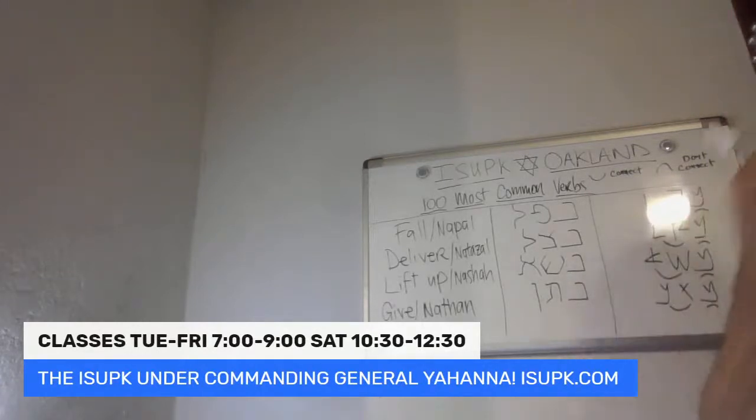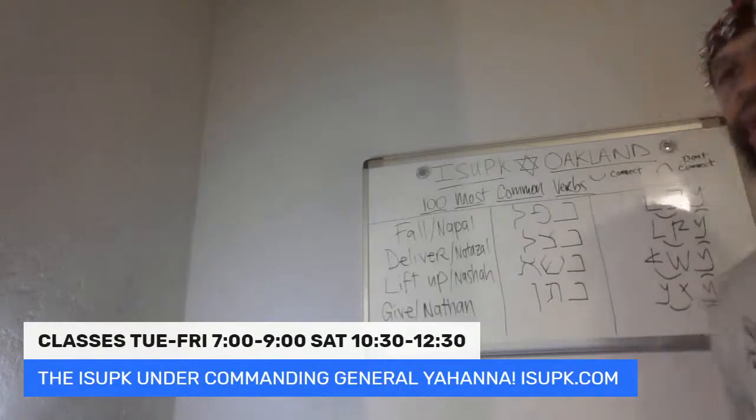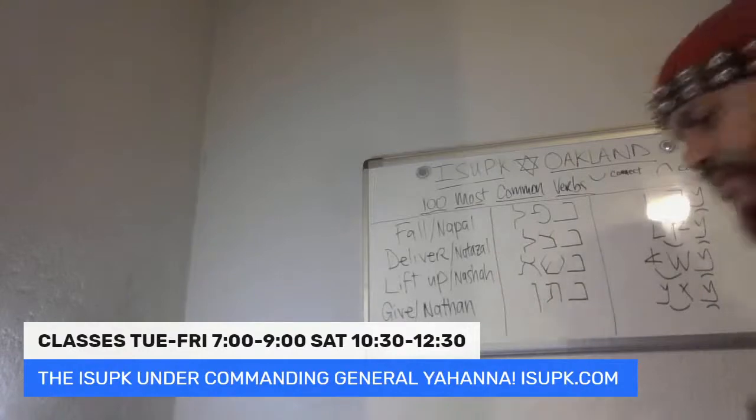Just like shalom. When you write the word shalom, you got to put the Y in there, but you're not going to say the Y. People say shalom, but the Y is there, but it's not the sound that you're making. All right.